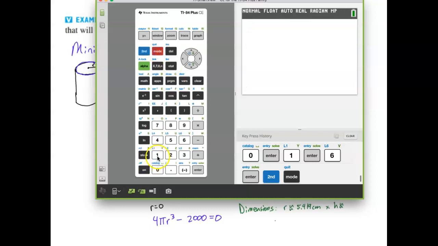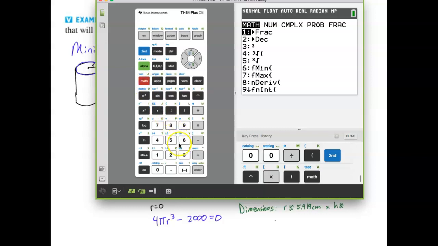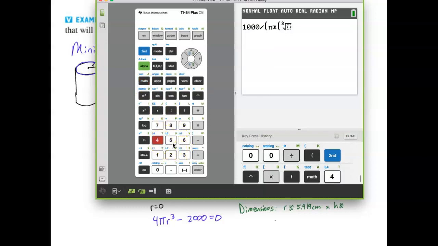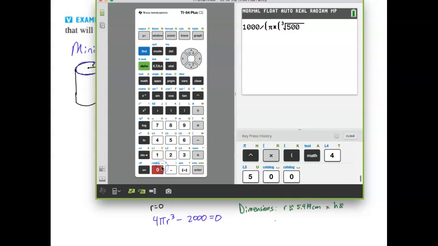So 1,000, starting off strong, divided by open parentheses, pi, times my radius, I'm going to open parentheses, is the cube root of 500 oh no, wait, that needs to be under that. Shoot. There we go.